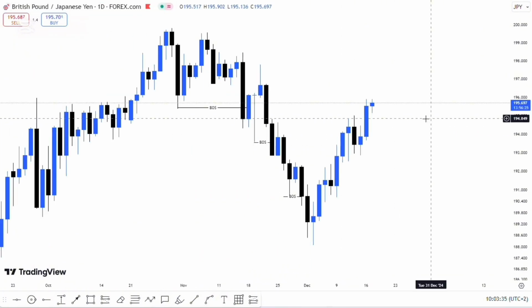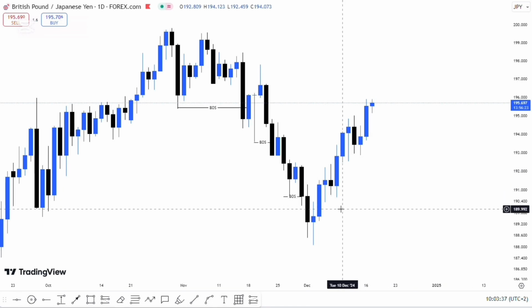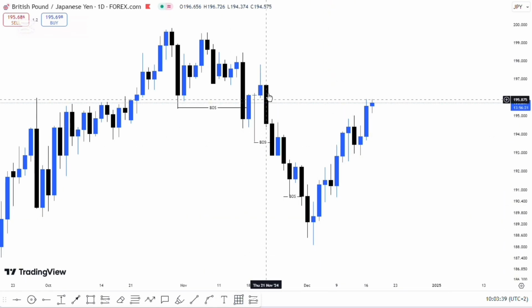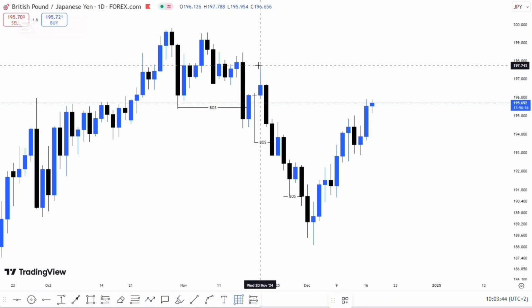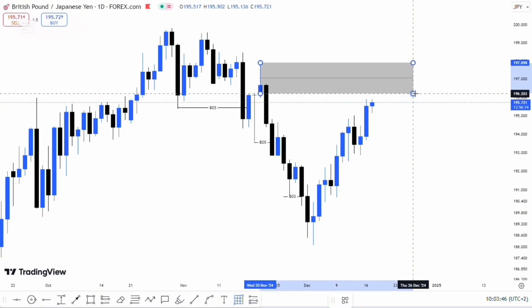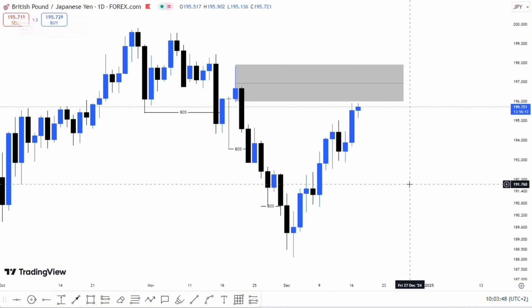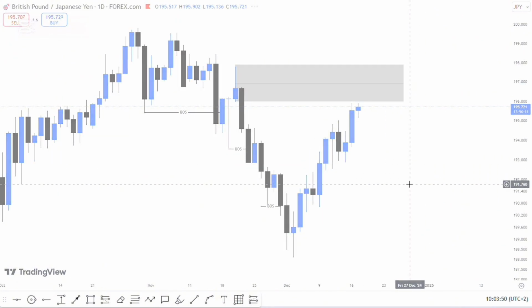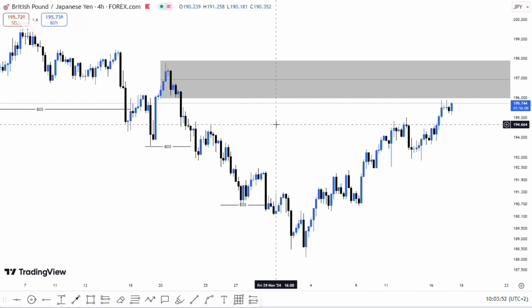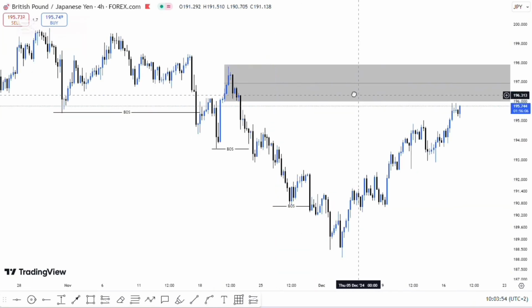Marking out my break of structures to the downside, and now as you can see, price could potentially be coming into this origin right here, this daily order block. And let's move down to the 4 hour to get a clearer chart.